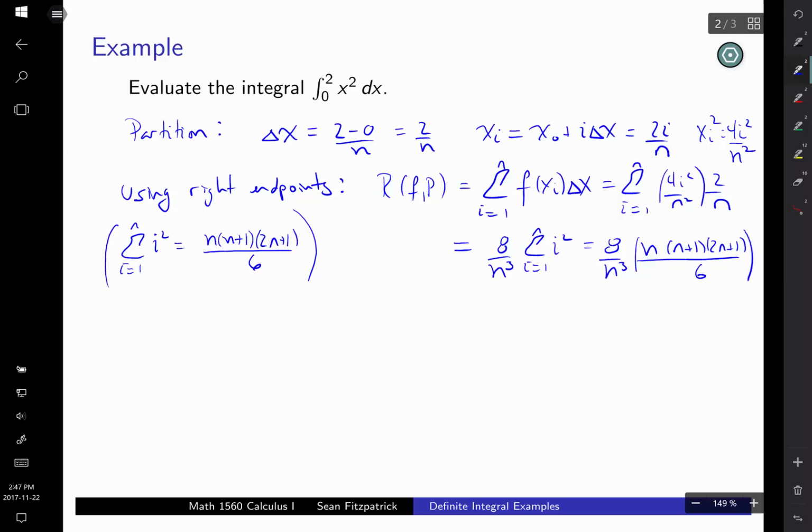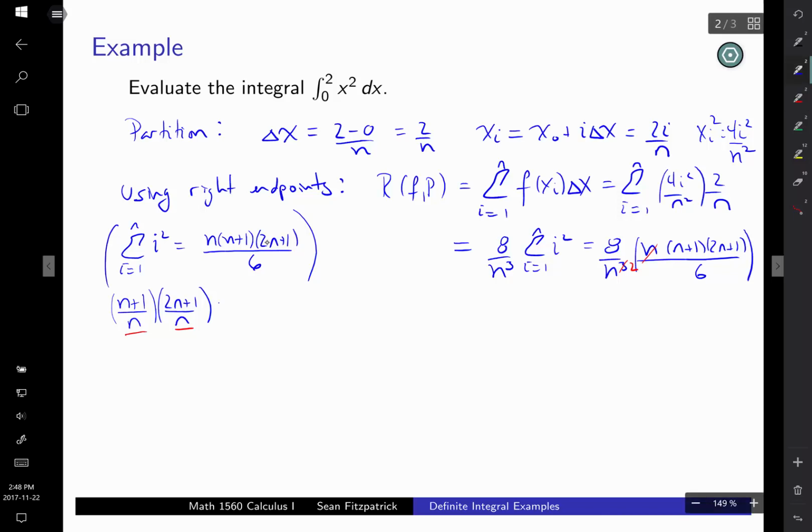Okay, and now we're going to do a little bit of simplifying. One of the things we'll notice is that we have n plus 1 over n, 2n plus 1 over n, right? So the first thing I'm going to do is cancel this n with one of those, so there's an n squared, and that n squared on the bottom is n times n. I've got two n's sitting there, so I can put one of them with the n plus 1, the other one with the 2n plus 1.